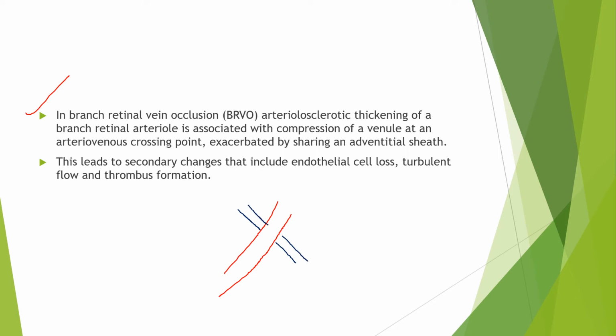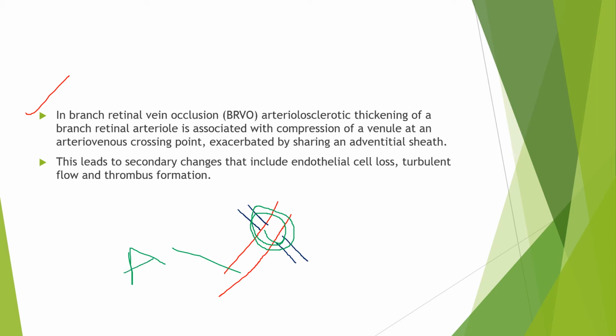Okay, now what happens is at this point of crossing, see, this is the point of crossing, there is a common adventitial sheath which covers this artery. This is the artery, right, and this is the vein.